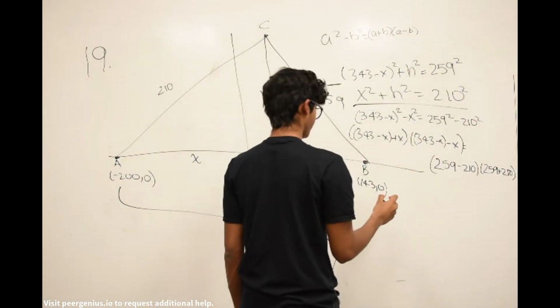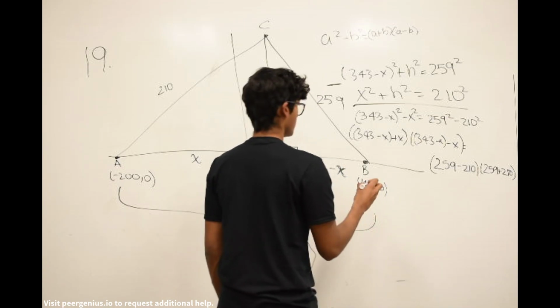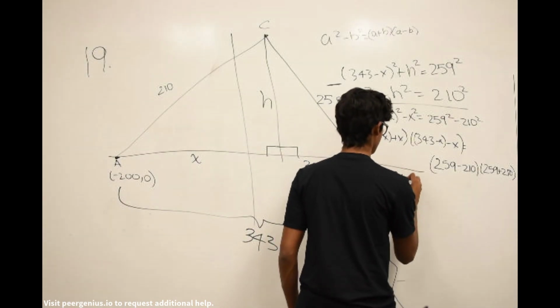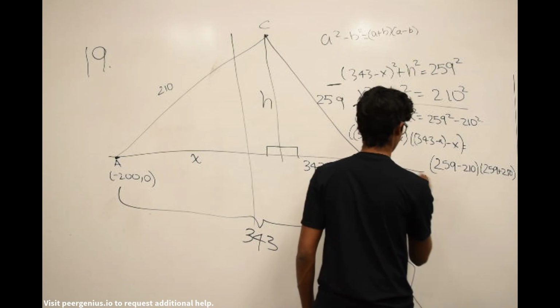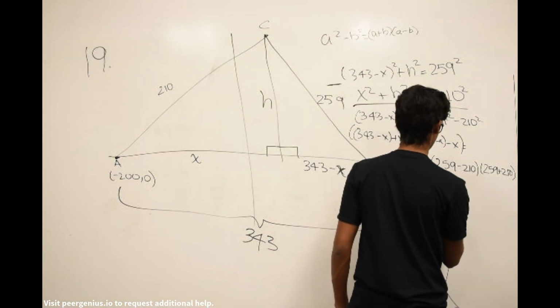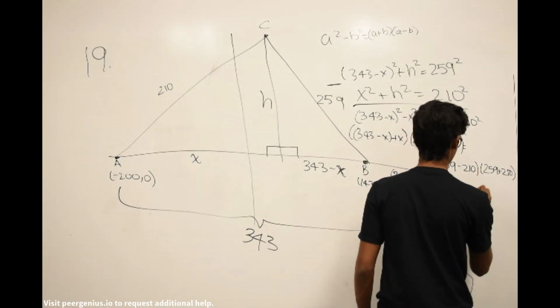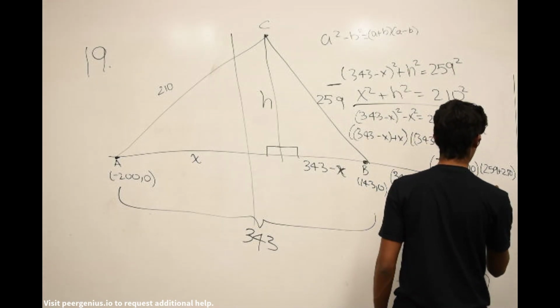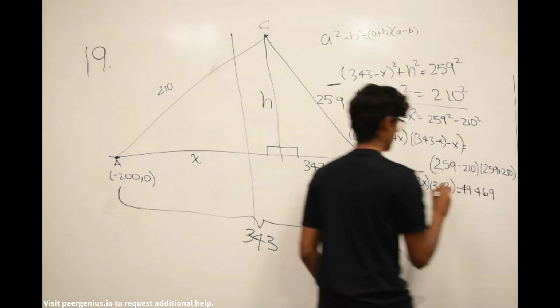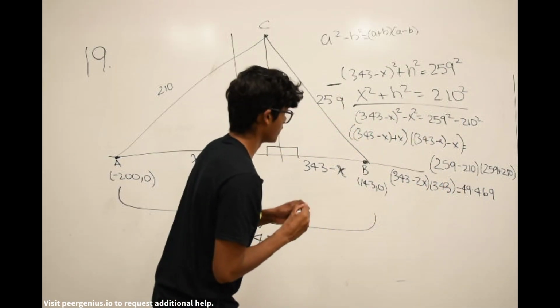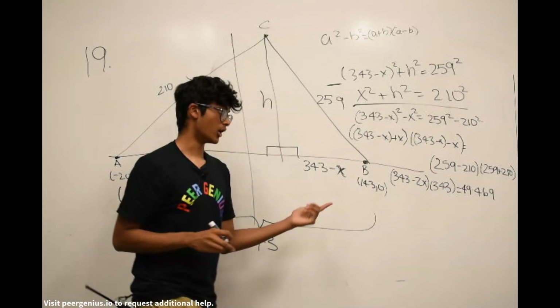Now you have 343 minus 2x, times 343, equals 49 times 469. Now you can solve for x.